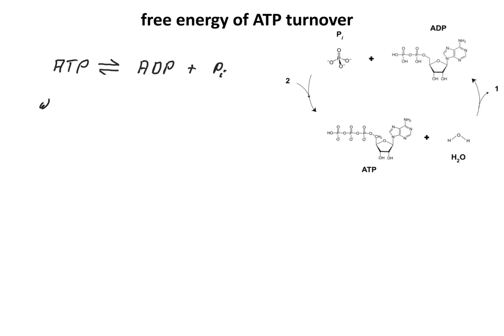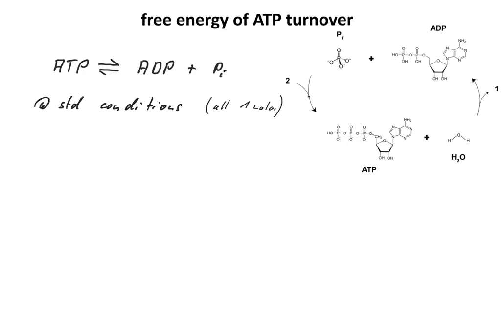Now, at standard chemical conditions, that means all concentrations are set to 1 molar, the delta G, the free energy of that reaction, is minus 13 kBT. So you could now think that this energy is the typical energy that is involved in all those reactions. Yet, we should realize what we did before.